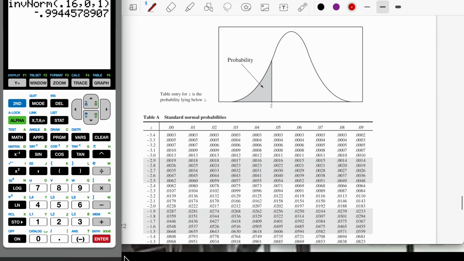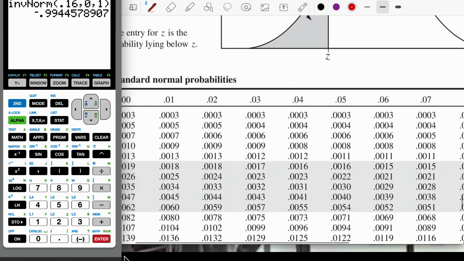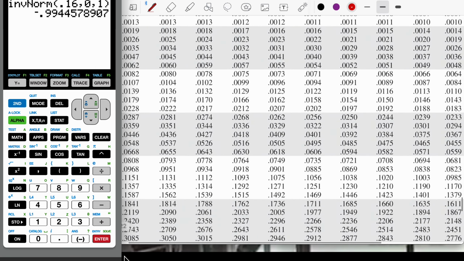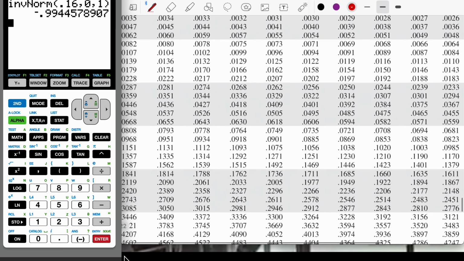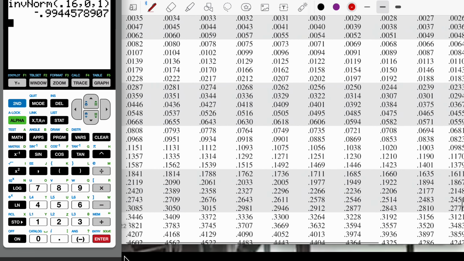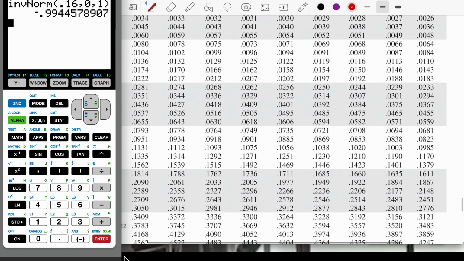What this table will do is, if you go around and hunt in the table for something very close to 0.16, it's going to be in this neck of the woods down here. 0.16 is going to be, where are you, 0.16? 0.1611 is probably the best we're going to get.